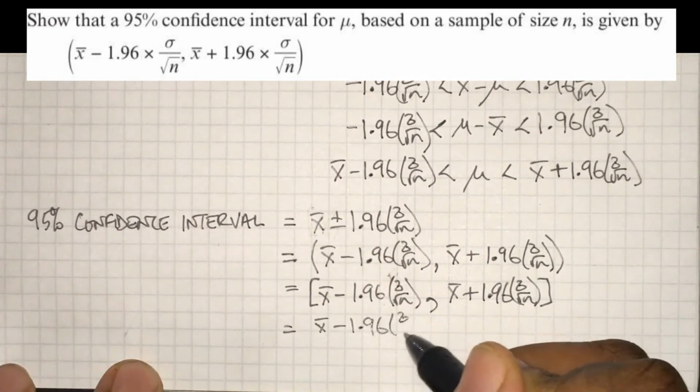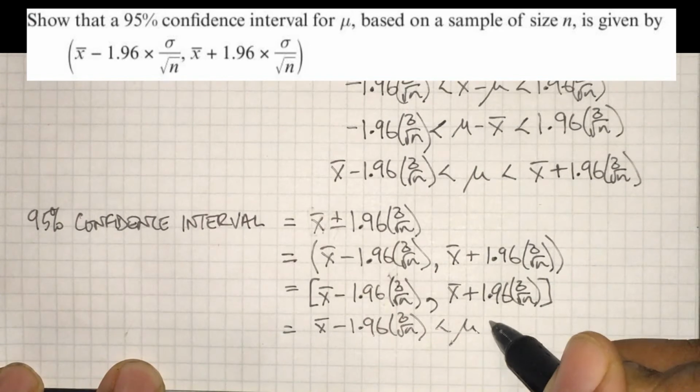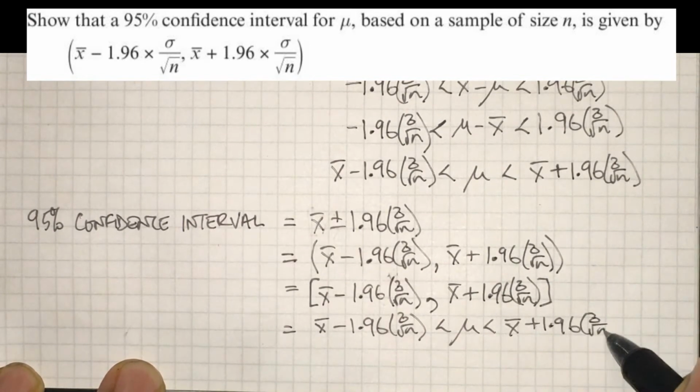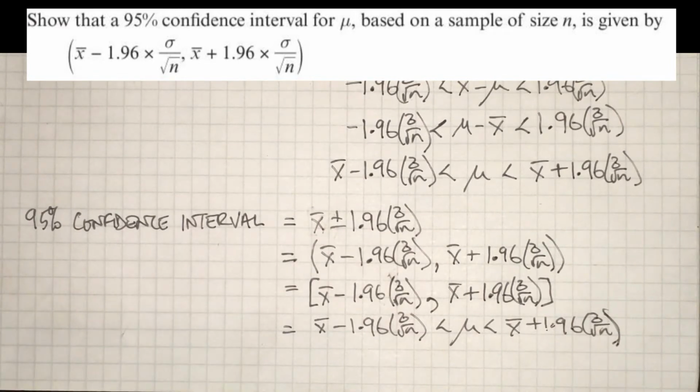And finally, just to formalize, we can actually just have an inequality statement with mu or the appropriate parameter in the middle. Okay, so either of these four are acceptable forms of a confidence interval.